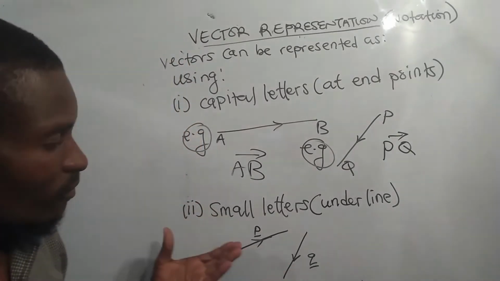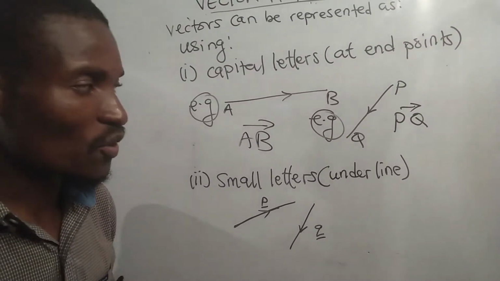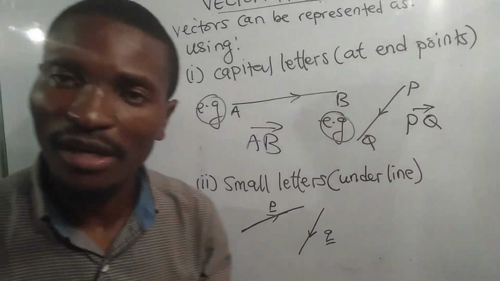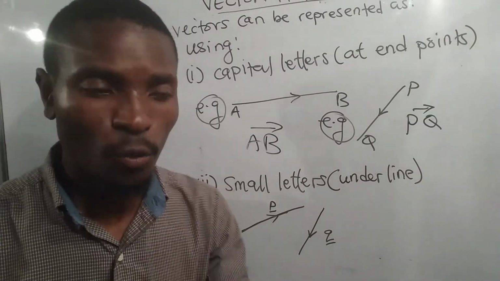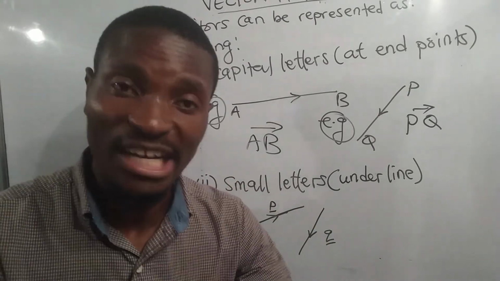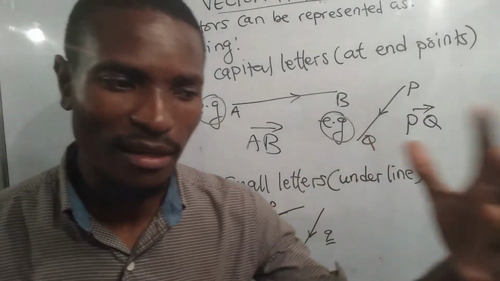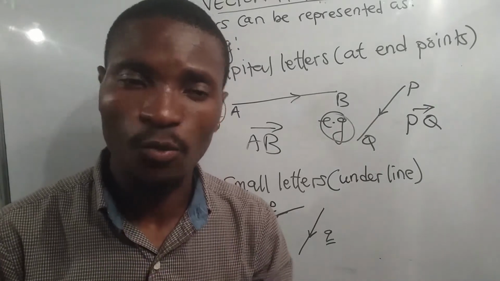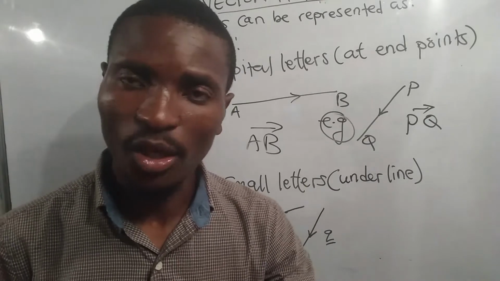Then we can also represent vectors using small letters. Whenever you are using small letters, we underline each of the small letters that is attached to a vector. Make sure that when you are using vectors in the form of small letters, we just do an underline of that particular letter.